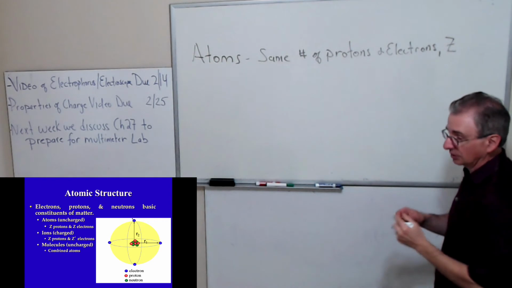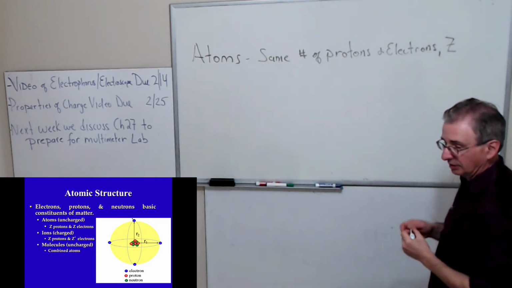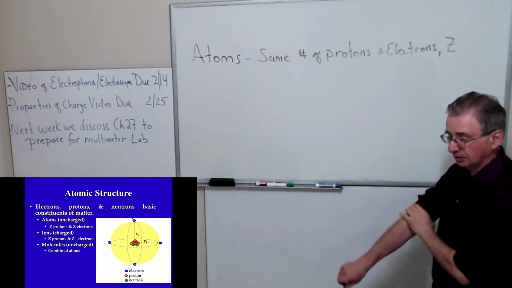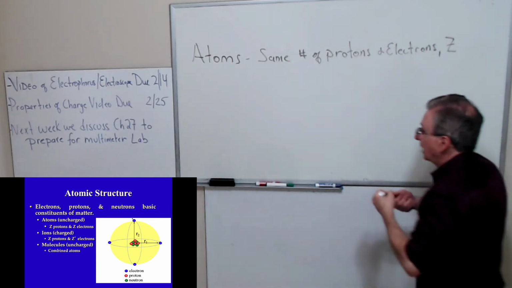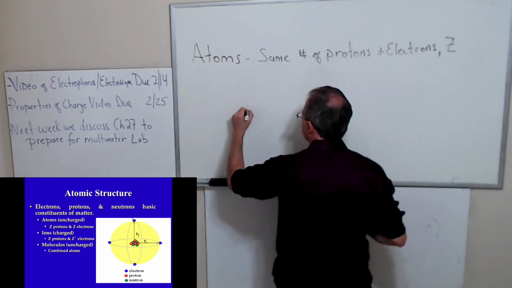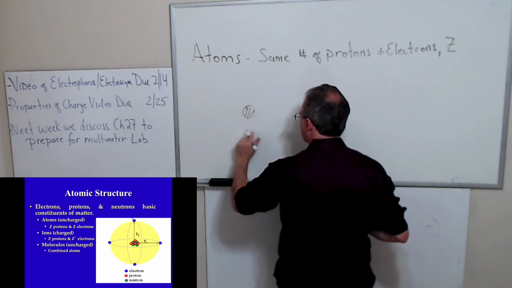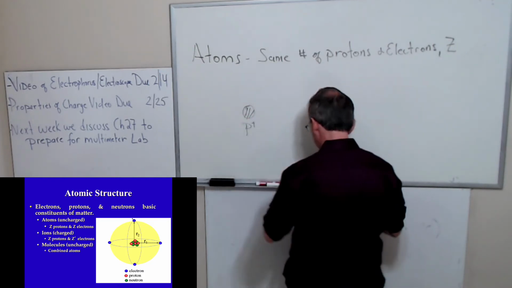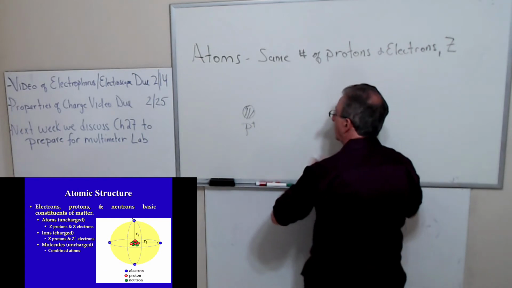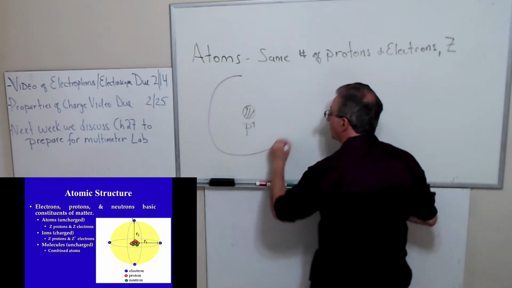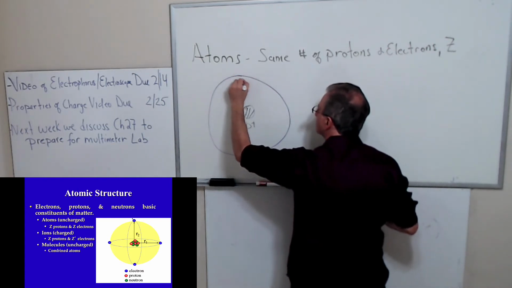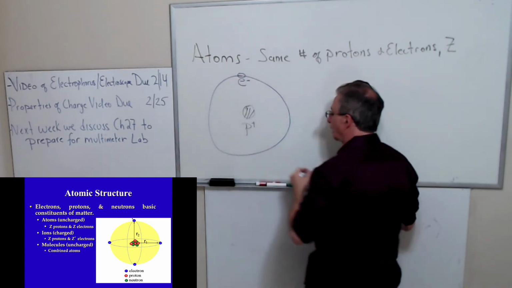So this is neutral, uncharged. So for example, a hydrogen atom. You have a proton here, and then the simple-minded model has the electron going around the proton.